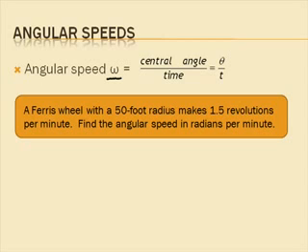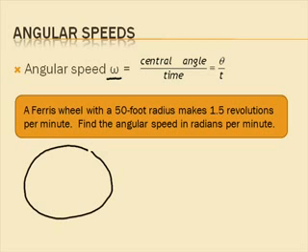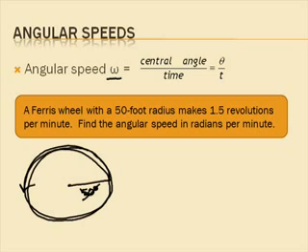So we have this Ferris wheel here, and here's our Ferris wheel. It has a 50-foot radius. Here's our radius. This is 50 foot here. But to find our angular speed, we don't care what that length is. We know that it's going 1 and a half revolutions every minute.